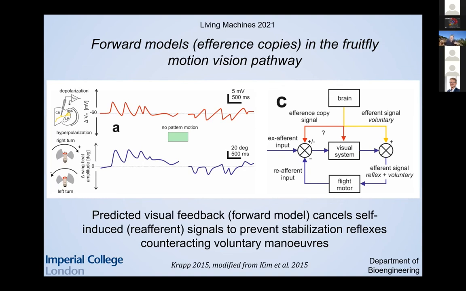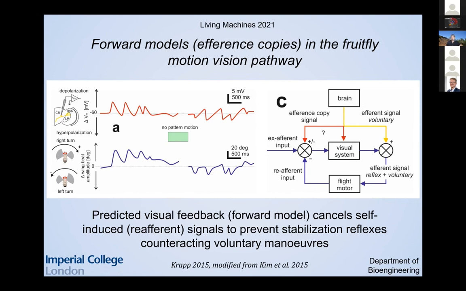If the consequences of the animal's own movement were not cancelled, it would never be able to do anything voluntarily, because it would always be switching on stabilization reflexes which pull the animal back into its original equilibrium state. So an efference copy or forward model can enable the animal to do voluntary movements, and it is absolutely essential.